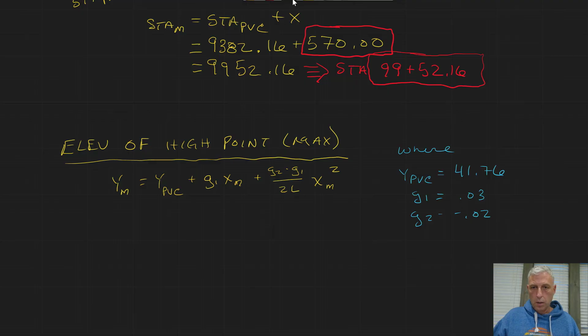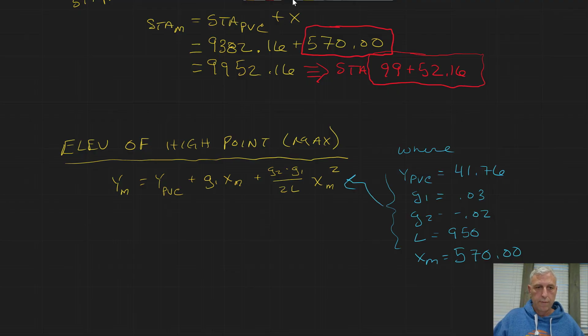We need our L equals 950. And x sub m is the value we just found for the x value of that high point, the x value where that high point occurs. That's 570.00. All I have to do is take all of these and plug them into my equation.